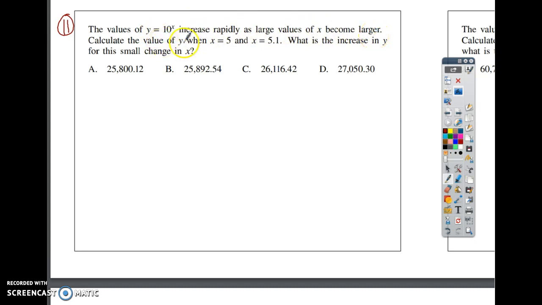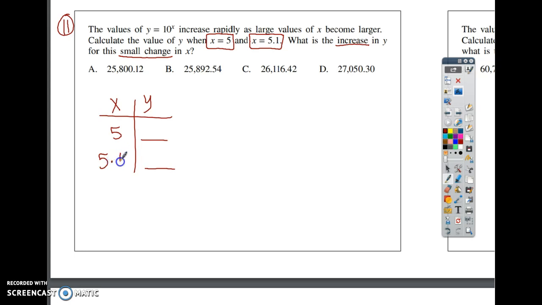Calculate the value of y when x equals 5 and x equals 5.1. What is the increase in y for this small change of x? So we're asking you to find what is your y when x is 5 and the value of x equals 5.1.